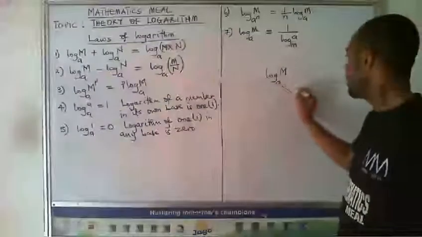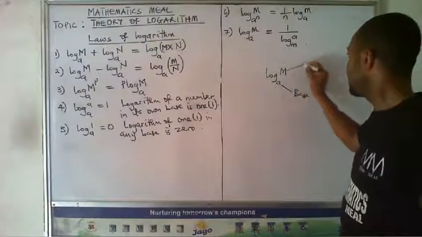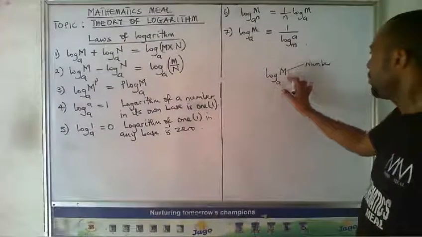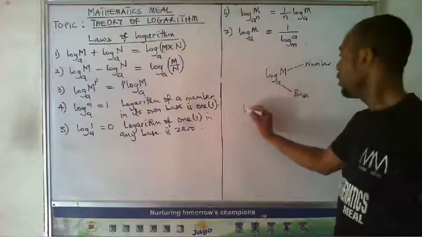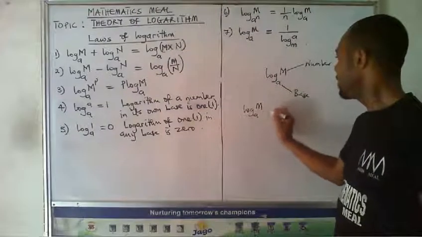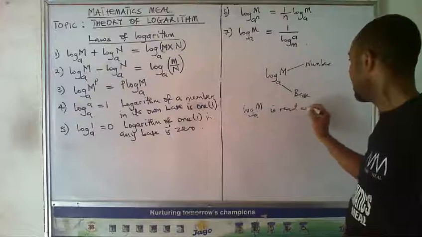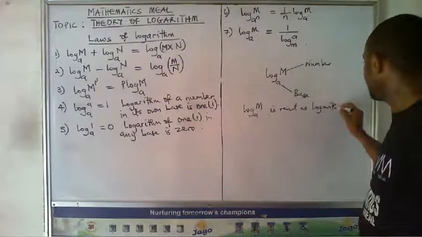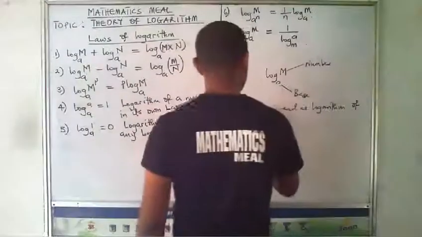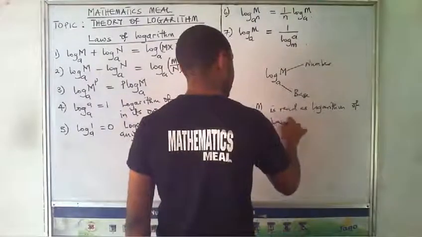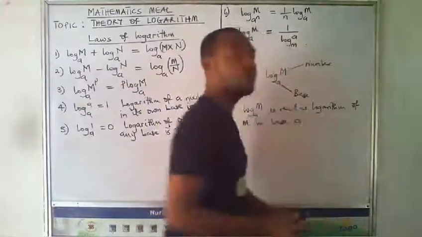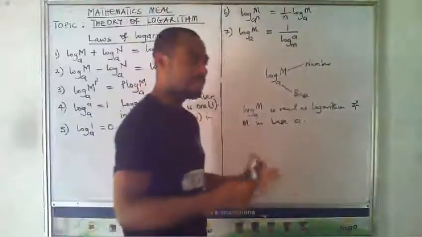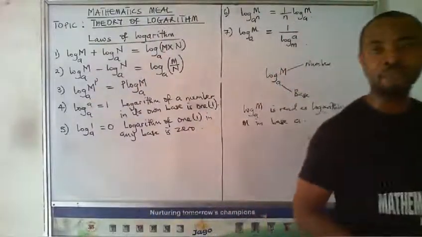So log m in base a is read as log of m in base a. Failure to identify the base and the number means we are going to have a problem solving logarithm problems.